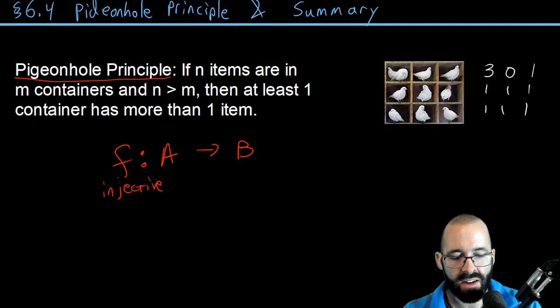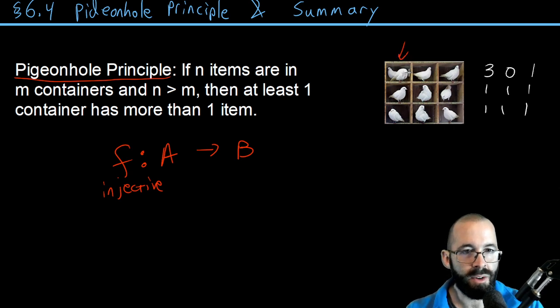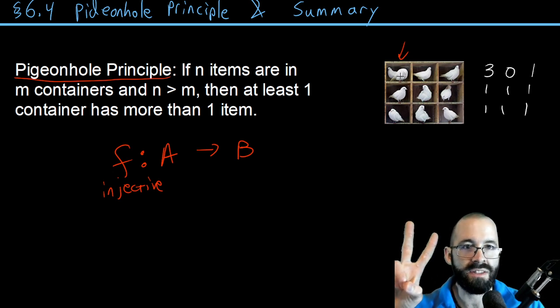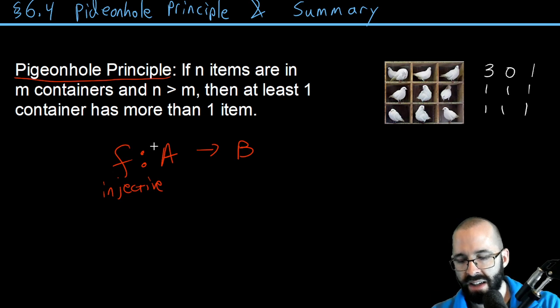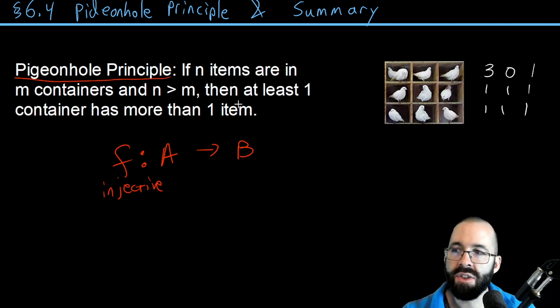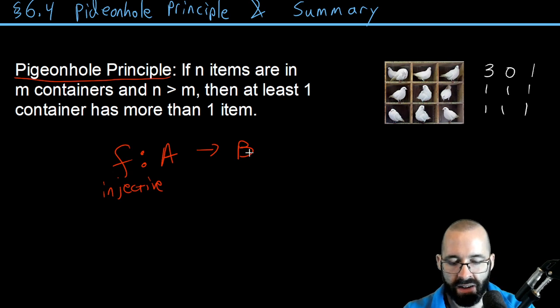So if you think of this as outputs, if each pigeon's an output, this would not be injective because you have 2 pigeons for one input of the box. So if you have an injective function, the codomain cannot be smaller than the domain.